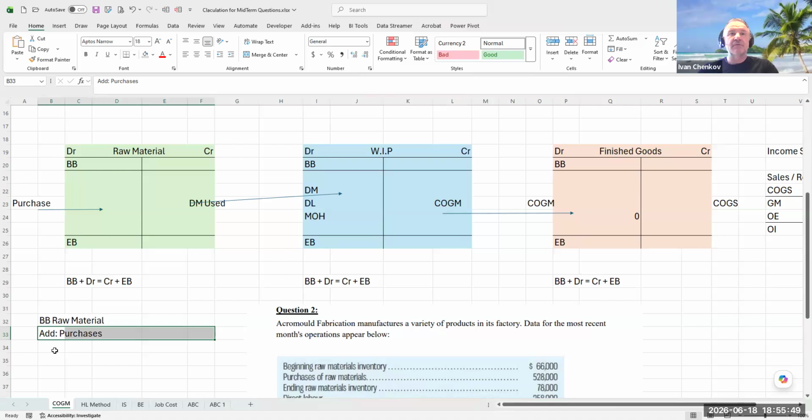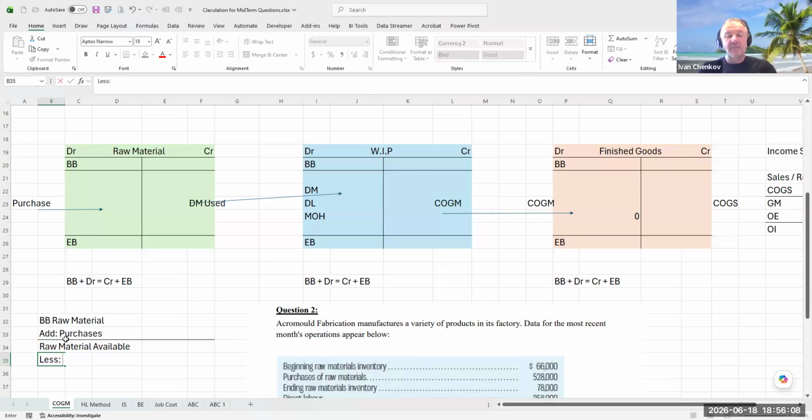What we're going to do with that material, we're going to transfer it further into production. That will be raw material available. Once we have available, we have to deduct less the ending balance of the raw material.